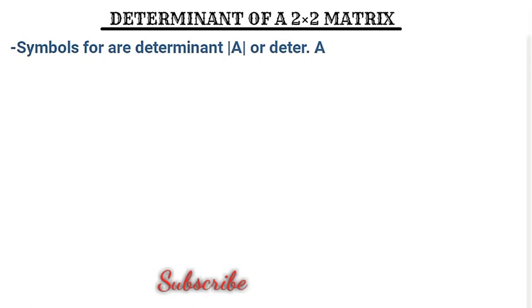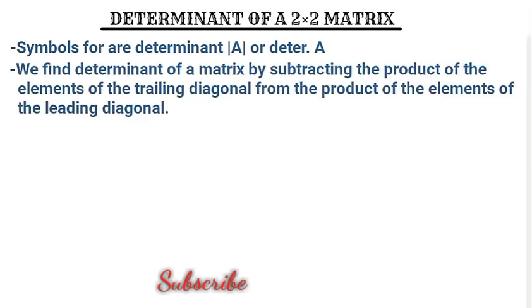Okay, let's go to the next point, which is the definition of determinant, or how we find the determinant. We find the determinant of a matrix by subtracting the product of the elements of the trailing diagonal from the product of the elements of the leading diagonal.